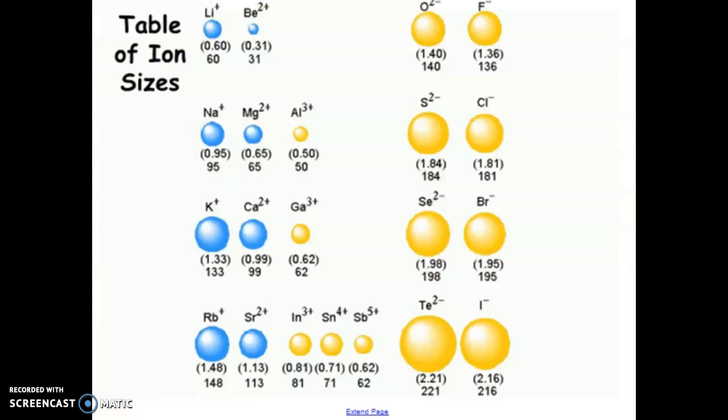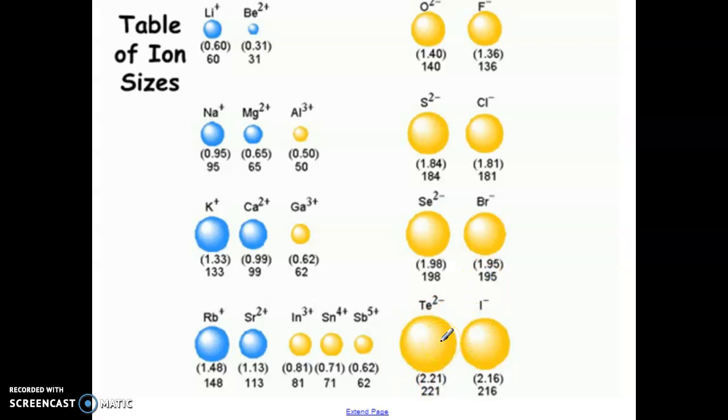So here are some examples of ions. If you compare the sodium ion to a sodium atom, the sodium ion is smaller. All of the metals that are positively charged, the cations, become smaller compared to the original atoms. And the negative ions are actually larger.